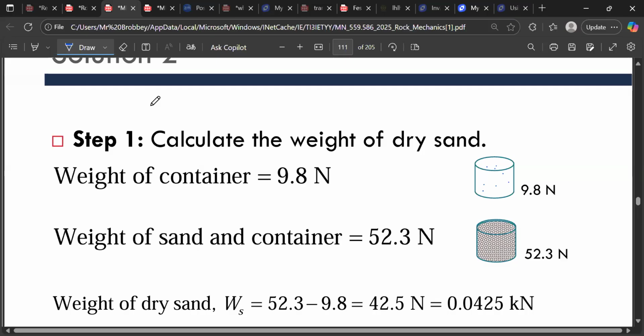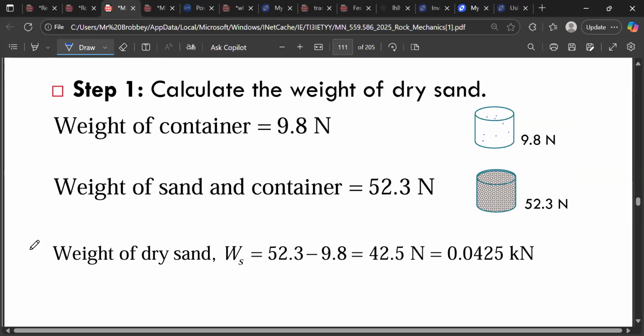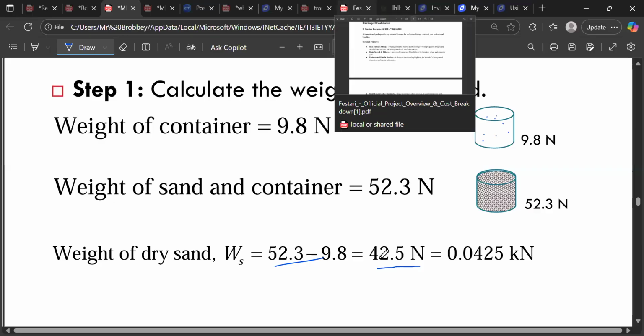So when you put your sand into the container, the weight of the container with the sand is going to be influenced, right? And so you're going to have something like this here. The weight of the dry sand is also given as this. So if you want to find only the sand, you take the container out of the container plus sand, and then we are going to have 42.5 newtons, which is equivalent to 0.0425 kilonewtons.